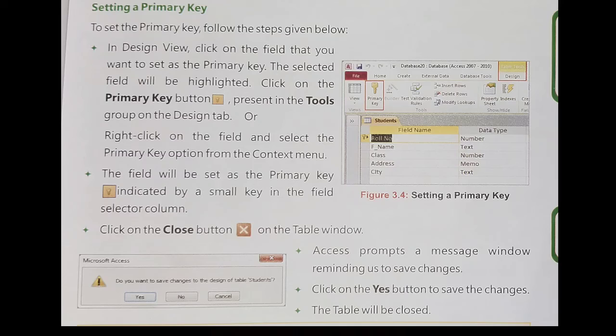Okay, and a table can have only one primary key. For example, in a school database, the roll number of each student uniquely identifies each student of a class. You might have the same name, but you can never have the same roll number as your friend. So in the school database, the roll number field is the primary key.